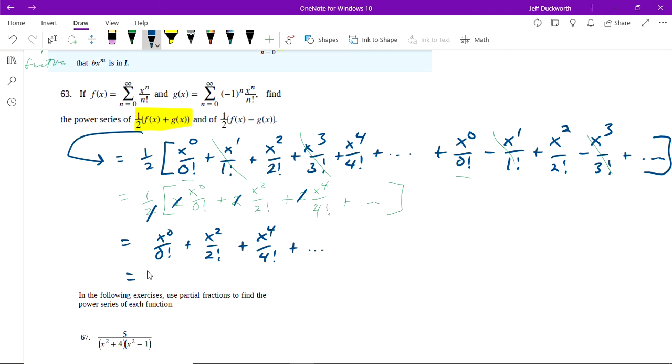And what does that equal? Well, that's going to equal the sum, n equals 0 to infinity, of x to the 2n all over the quantity 2n factorial. And again, the negative one will be a very similar process here.